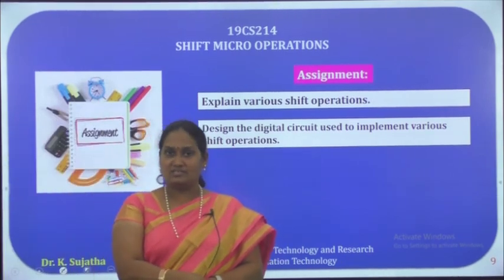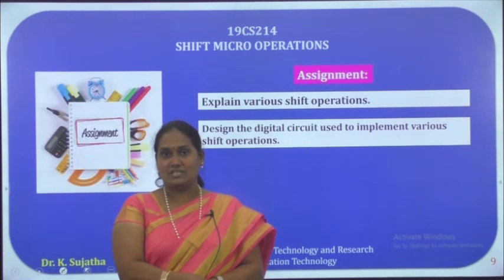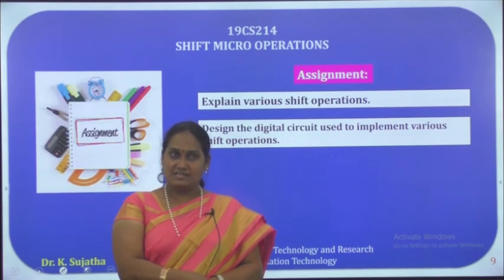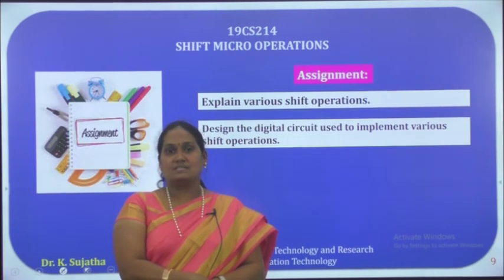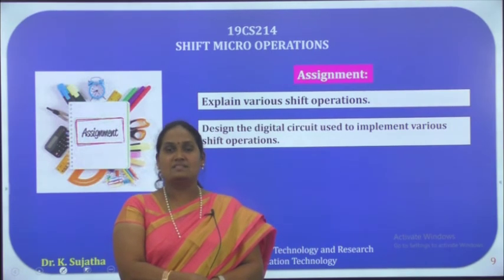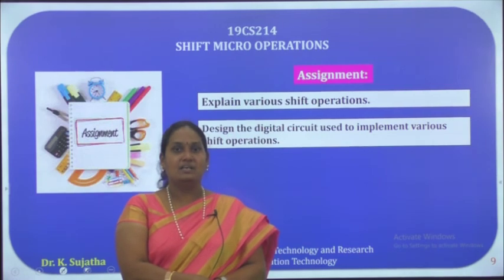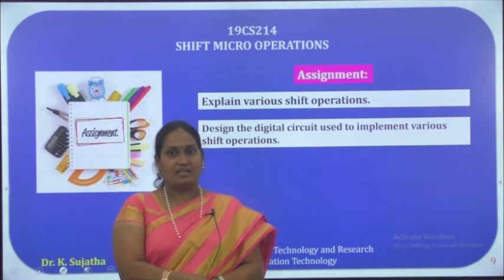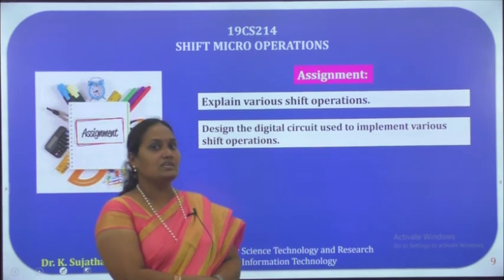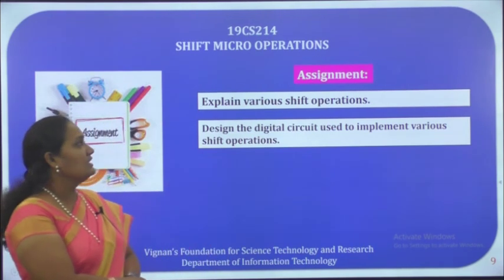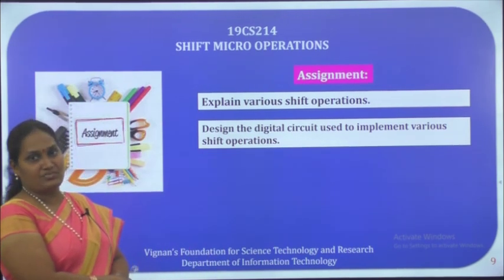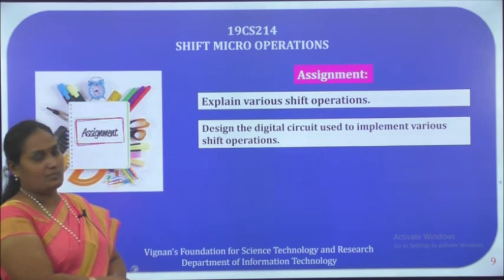In this session, we discussed the 6 shift operations: logical left shift, logical right shift, circular left shift, circular right shift, arithmetic left shift and arithmetic right shift. And also we discussed the circuit which explains the left shift and right shift operations.